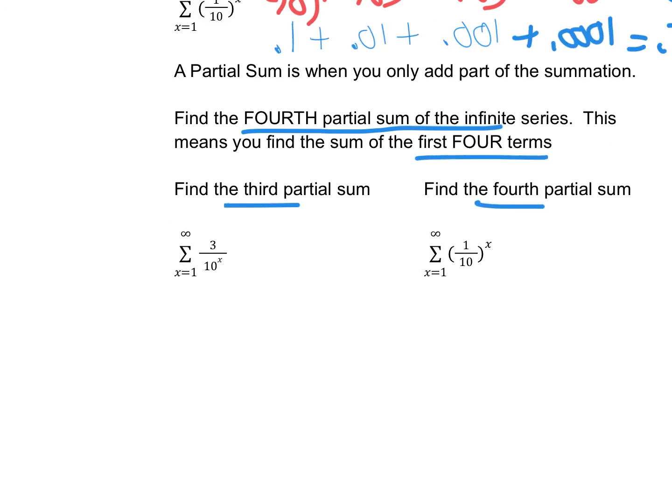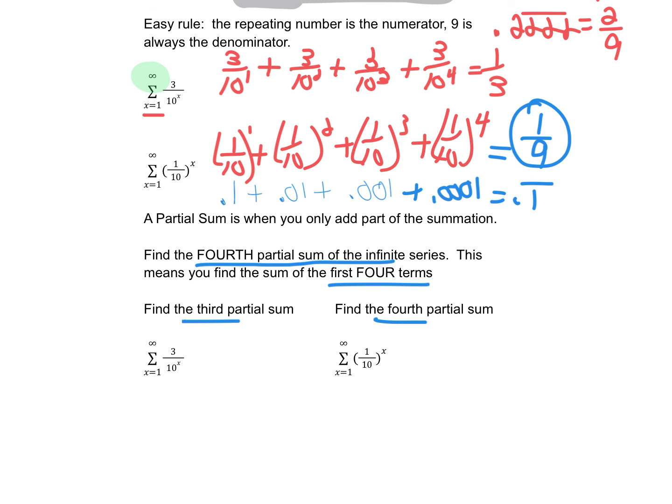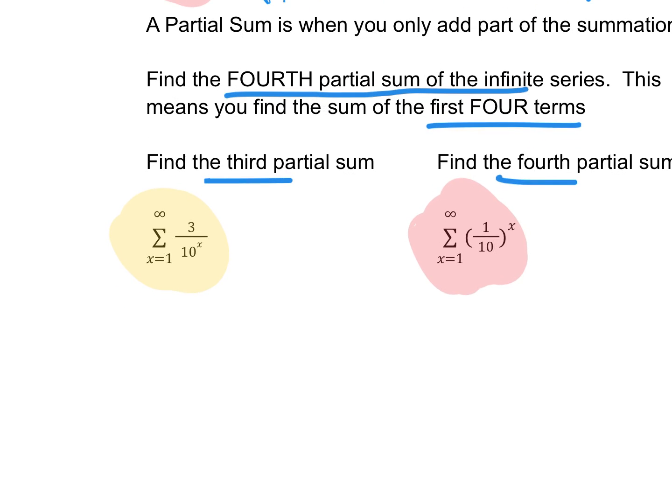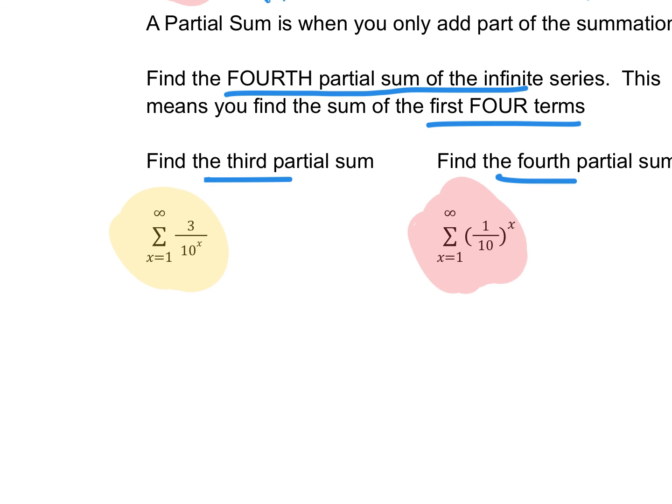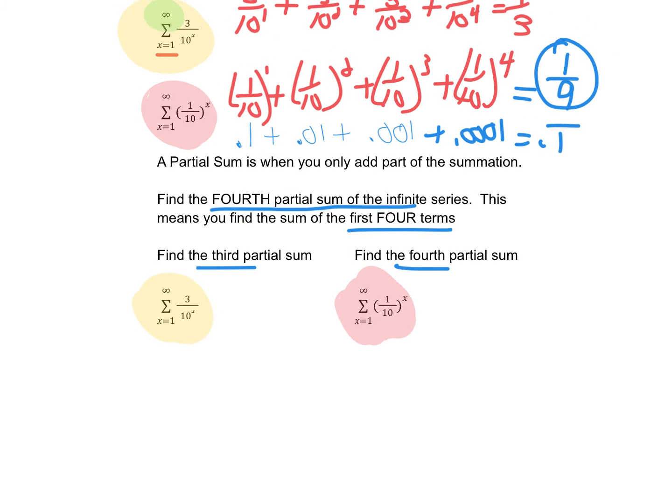So if you notice, this is the same equation as I have down here, and just for the sake of simplicity, this one is the same as this one. So all we are doing, if it says to find a third partial sum, we are just adding our first 3 terms together, which we already have up top.